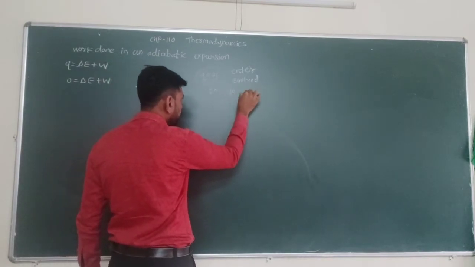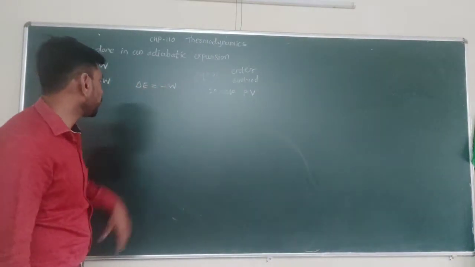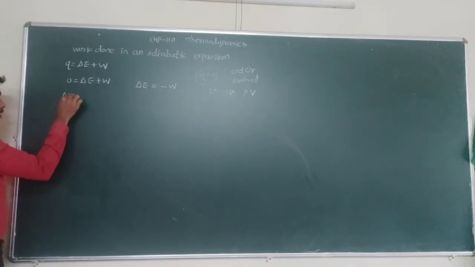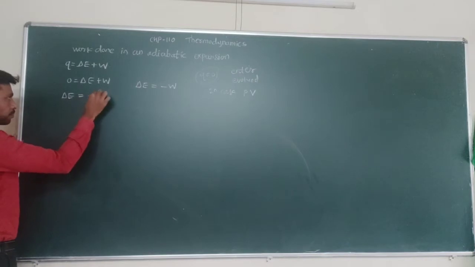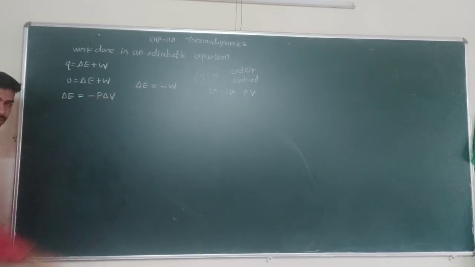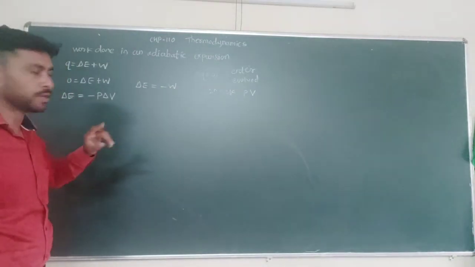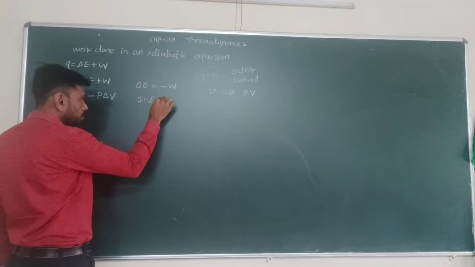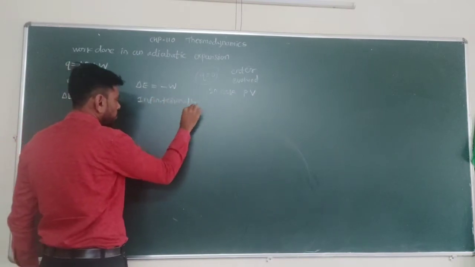In case of PV type of work, pressure-volume type of work, we can write delta E is equal to minus P delta V, for infinitesimally small changes.